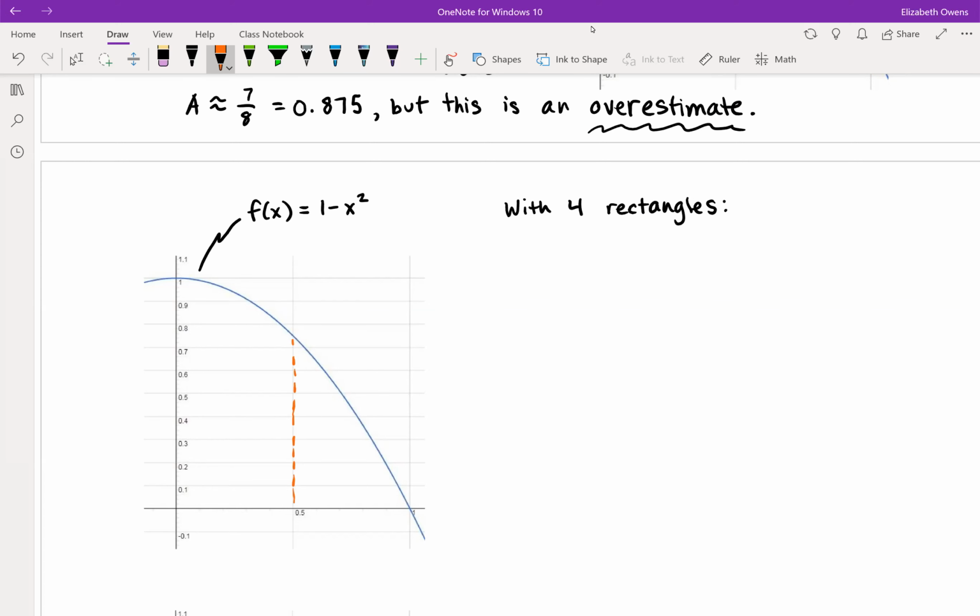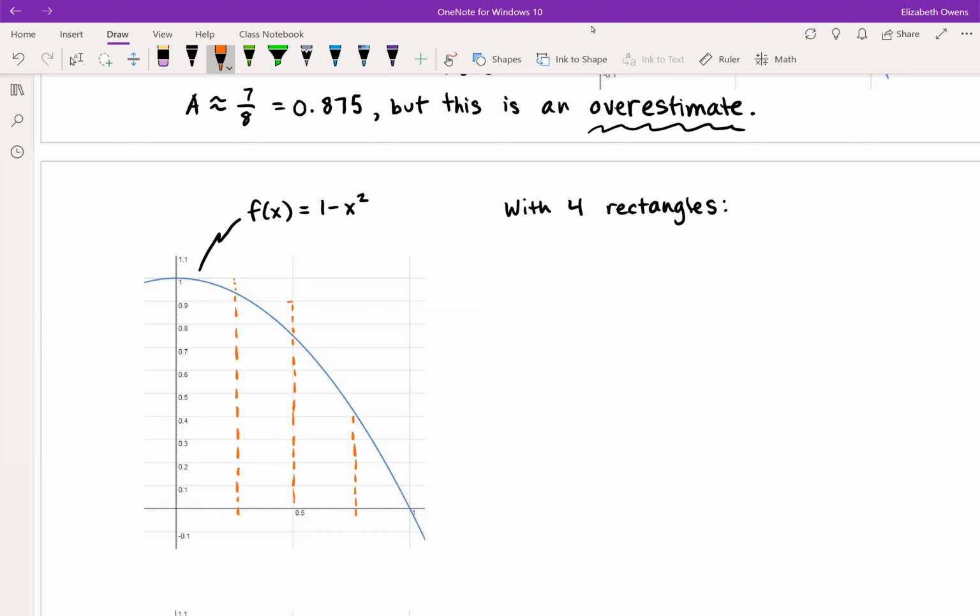So let's set up our x-axis first here. Let's split the interval evenly into 4 pieces. Like that. And then let's draw in the rest of the rectangles like we did before.